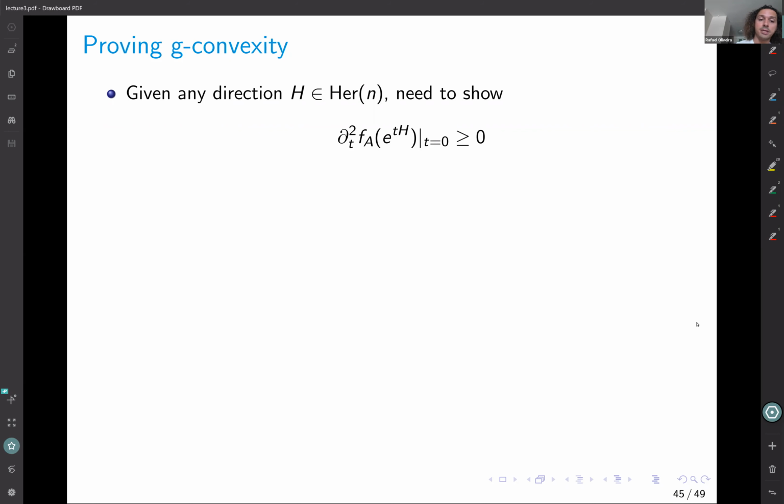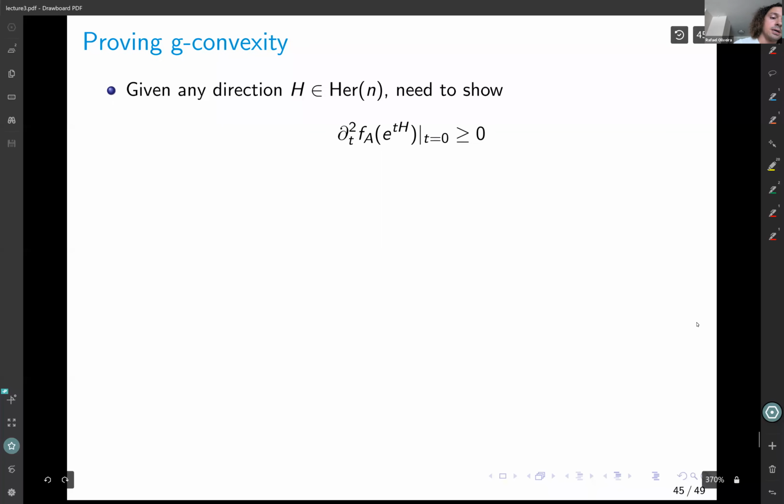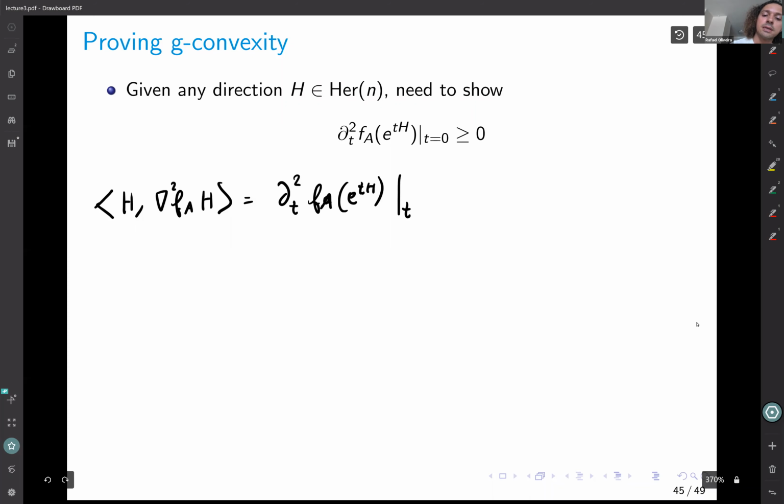So how do we compute the Hessian? Well, we know that if I take any direction h, we know that h, del squared f at a, h should be equal to the second derivative evaluated at 0, right? So this is the second derivative of f at a, e to the th, when t is equal to 0.